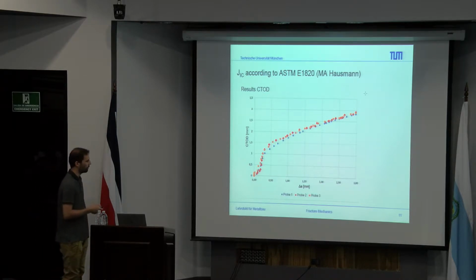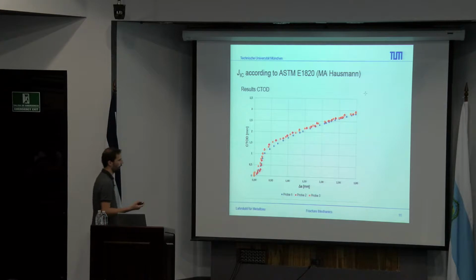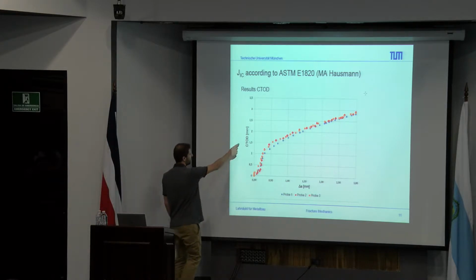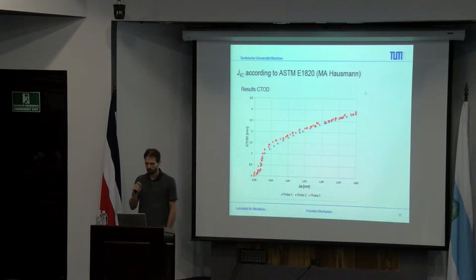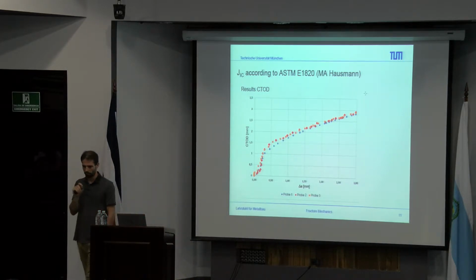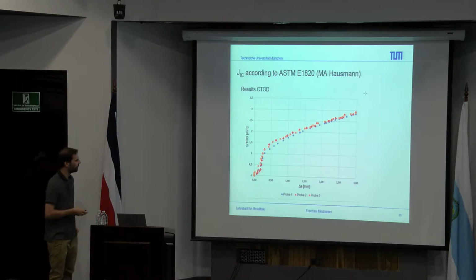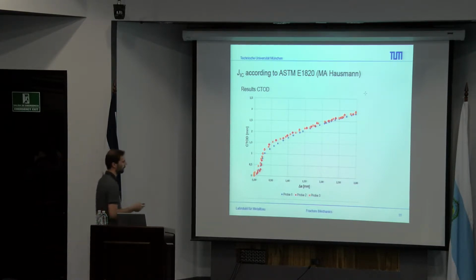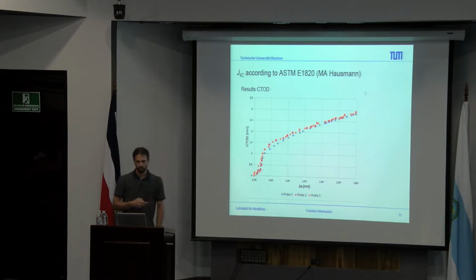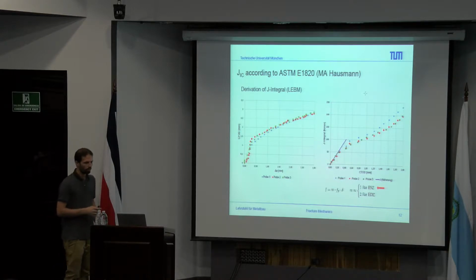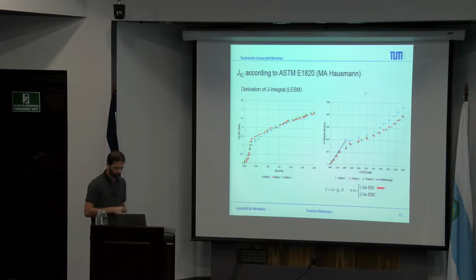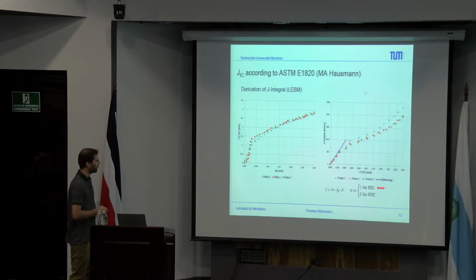And therefore, if you know the CTOD and also the delta A, just by going there and observing with the microscale, you can get the information about the crack tip opening displacement, but also about your delta A. And of course, how does it look like?